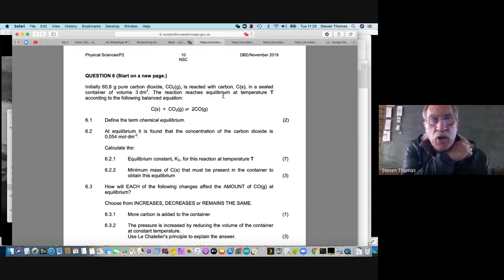Now, equilibrium just means, did it produce a lot or did it produce a little? What it means is it didn't go the whole way. It didn't use up everything. So you started with some carbon solid plus some carbon dioxide gas, and it went to form carbon monoxide gas. So here's your recipe.